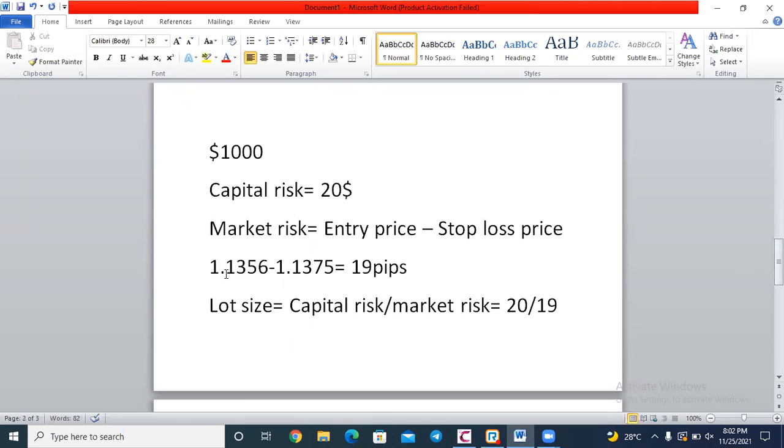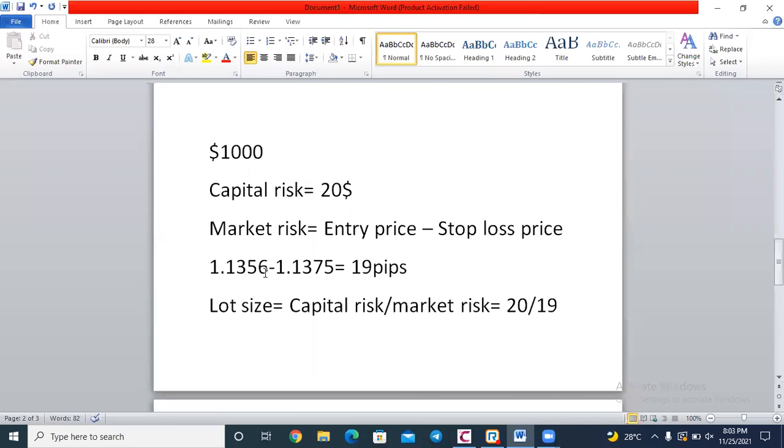Our entry price is 1.1356. So we'll subtract 38. Since we expect price to fall, we'll subtract 38 from this. If we were buying, we would add 38 to our entry price because we expect price to go up. But since we are selling, we will subtract 38.